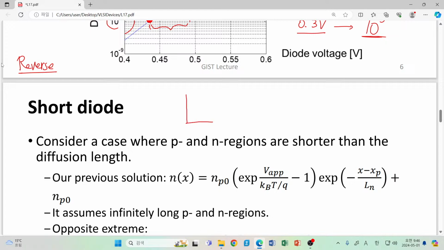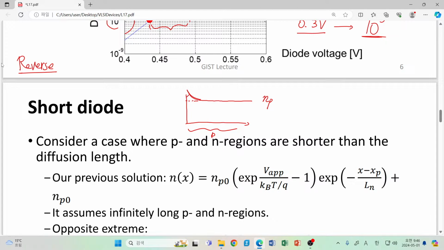In this reverse biased case, let's say that this is our p-type region. At equilibrium, we must have this constant value corresponding to n sub p, the minority electron density in the p-type region. This is the equilibrium case, and up to now we have considered the forward biased case, so we always thought about this kind of behavior.